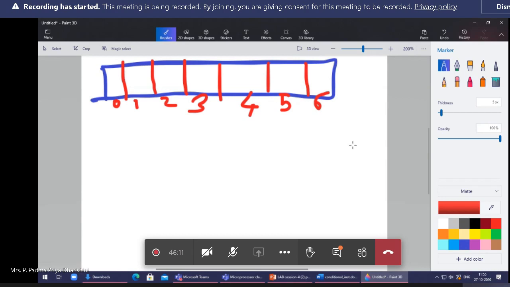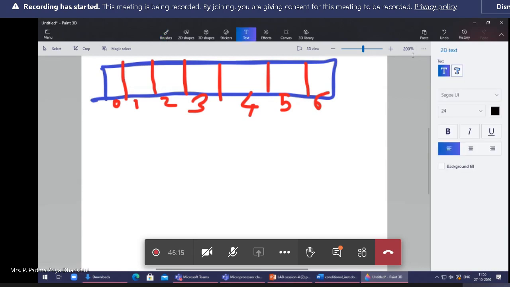So the base address of the array, let us take, I'm just writing matrix. Matrix is the name of the array, and then I want to initialize the elements.